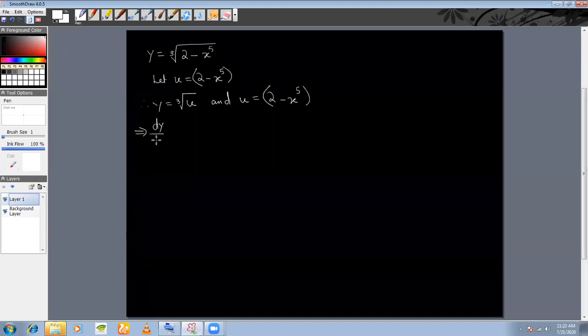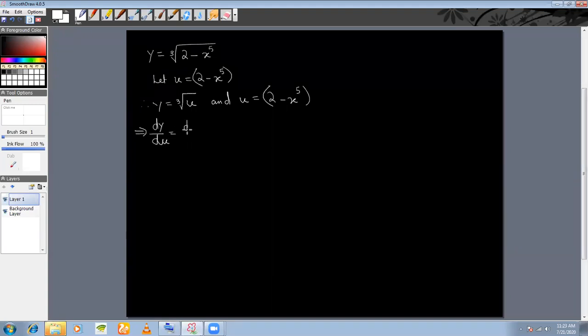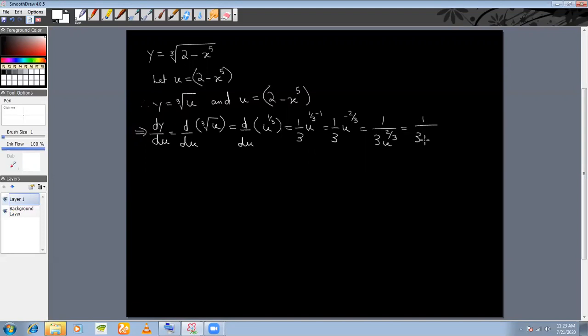Okay, so since y is a function of u, you will write dy/du is equal to d/du of cube root of u, which is equal to d/du of u to the power of 1/3, which is 1/3 u to the power of 1/3 minus 1, which is equal to 1/3 u to the power of minus 2/3, which is equal to 1 by 3 u to the power of 2/3, which is equal to 1 by 3 u to the power of 2 whole to the power of 1/3, isn't it?